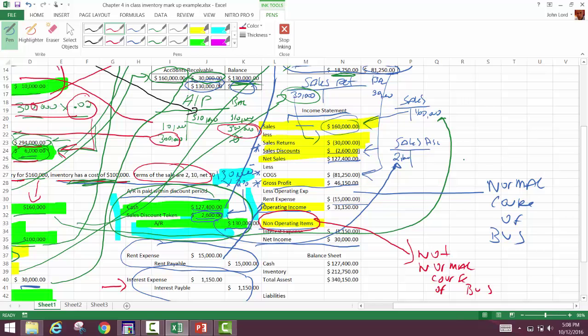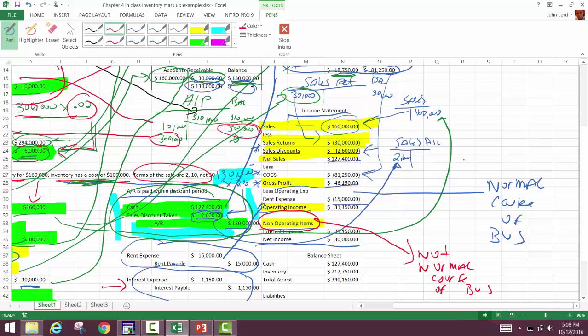In a bank, every single day they go out on the market, they loan money, they buy things, they try to get interest revenue, etc. So if this was a bank, interest would be considered operating. If you're not a bank, you treat interest as non-operating. In this class, interest, and I'll explain one other a little later, will be considered non-operating. Anytime something happens outside the normal course of business, we put it down in the non-operating section.